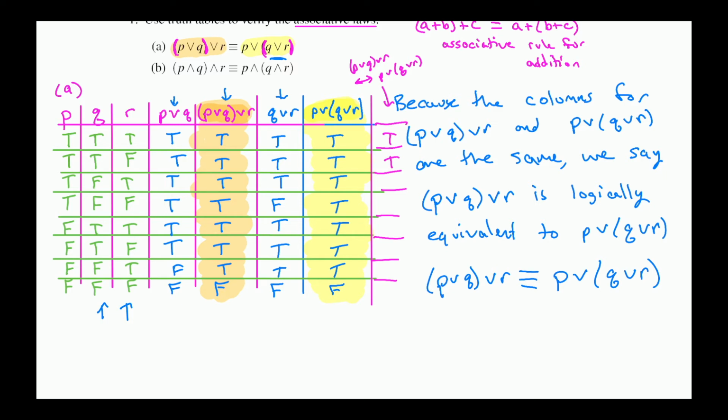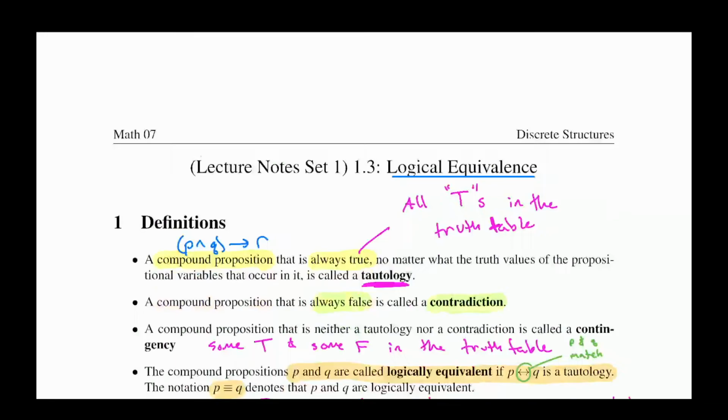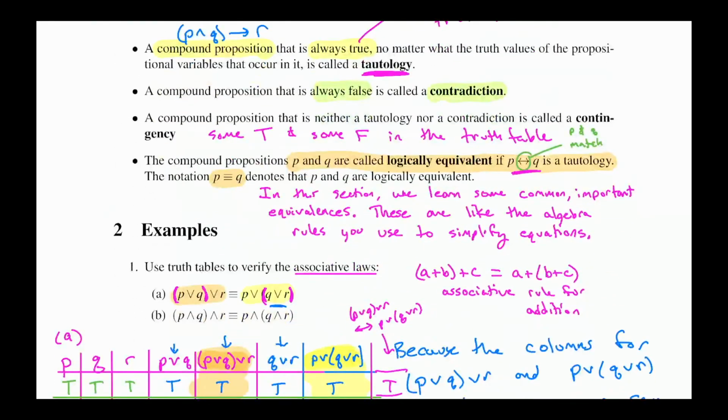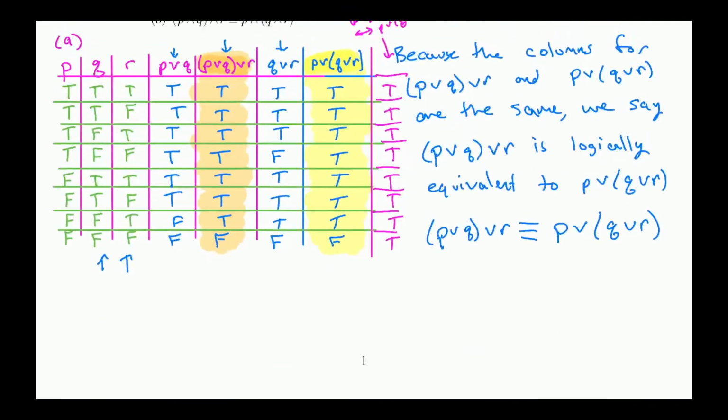And that would mean that you get trues all the way down because you're just checking if they match. And that would be a tautology. So that's the tautology that they're talking about when they write it this way, P if and only if Q.